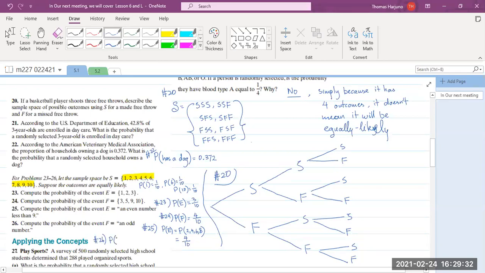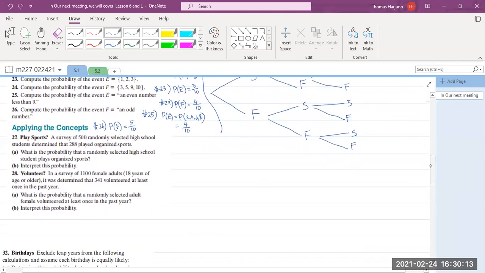What is the probability of getting an odd number? How many odd numbers are there? 1, 3, 5, 7, 9. That's 5, so it will be 5 over 10. So simple enough, right? When the events are equally likely, that's quite easy to do. Just see how many possible outcomes there are, and the probability for each outcome will be 1 over whatever that is.